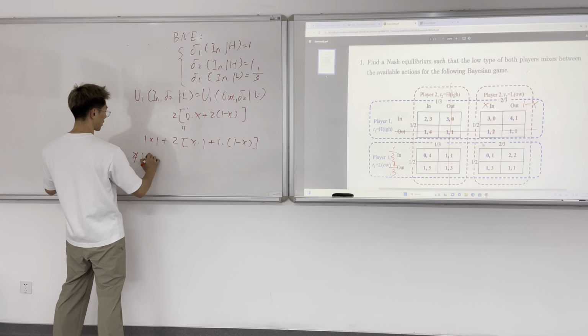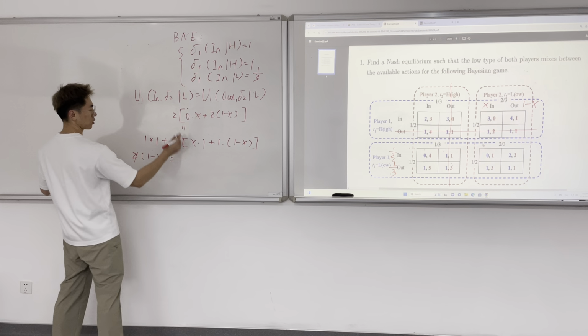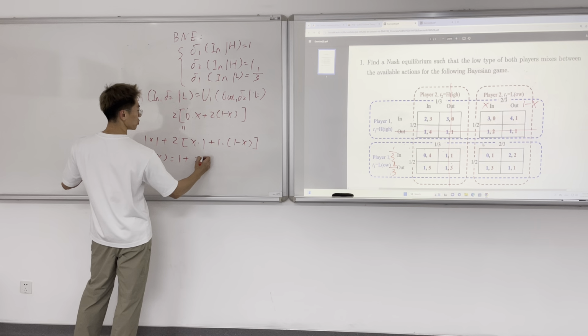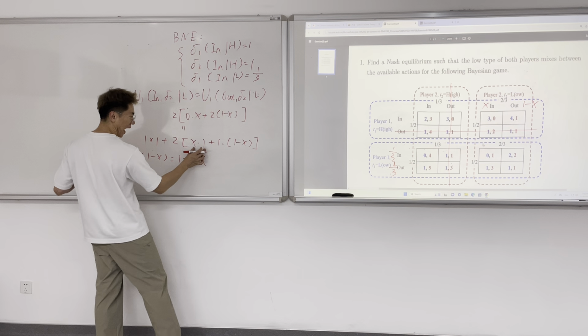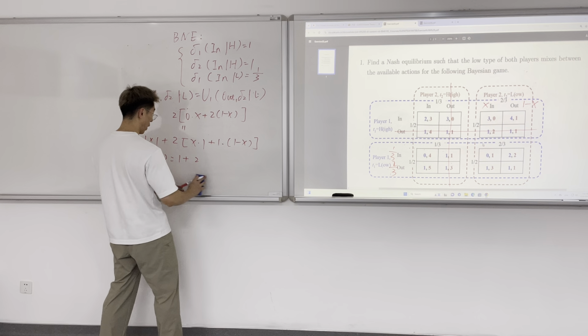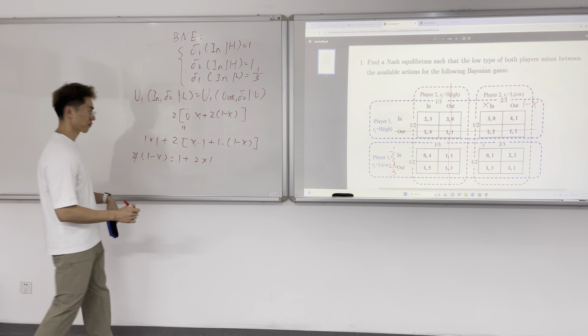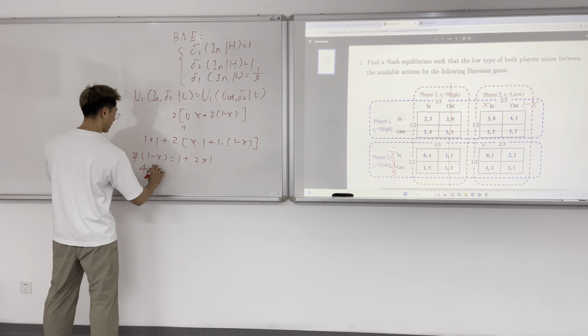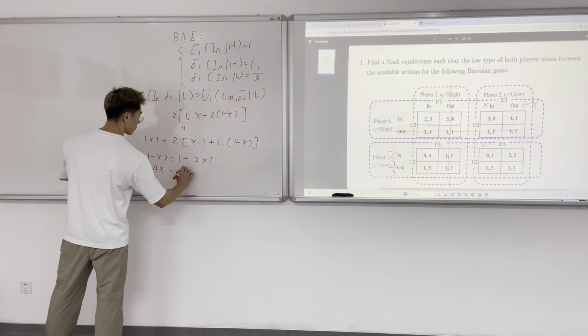So this is 4 times 1 minus x equals to 1 plus 2 times what? This is x. X plus 1 minus x. So this is 2 times 1. Right? 2 times 1. So this is on the left part, 4 minus 4x equals to 1 plus 2x.